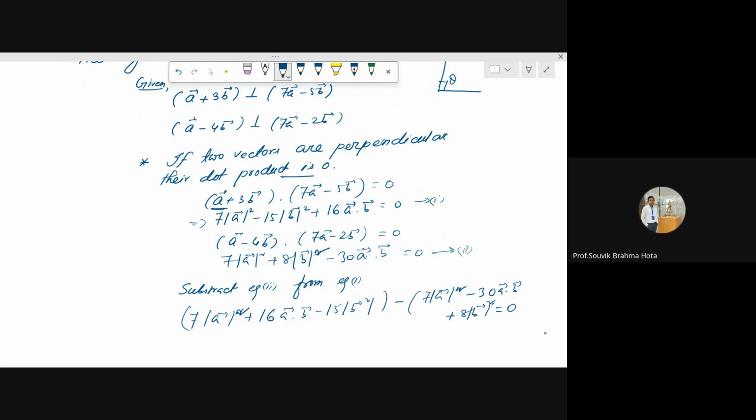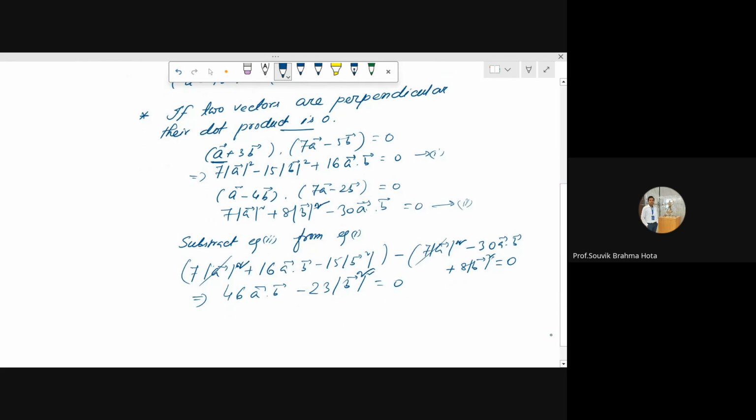So these things get cancelled, 7a square, 7a square get cancelled, and you are left with 46 a dot b minus 23 b vector square is equal to 0.